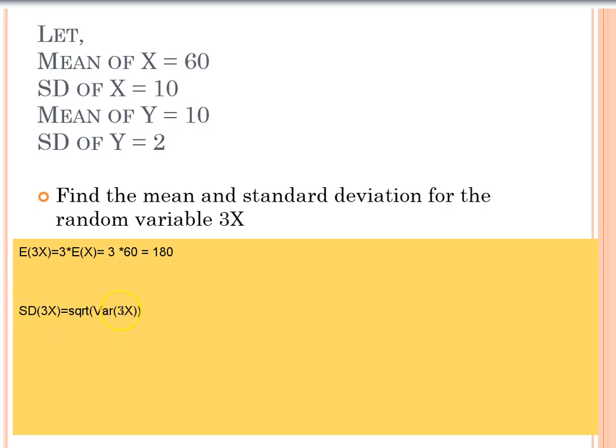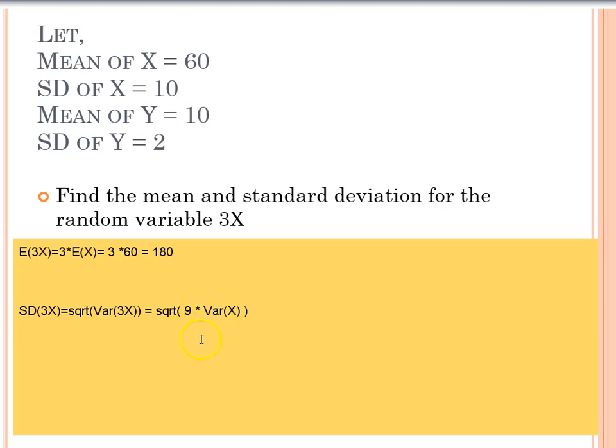So we have to go back to the variance operator and find how these constants affect it, and then recalculate the standard deviation. So as we said before, multiplication of all the outcomes affects the spread of the variance. And so when we take that constant out of the operator, it gets squared. So 3 squared is just 9, and now we're left with 9 times the variance of x.